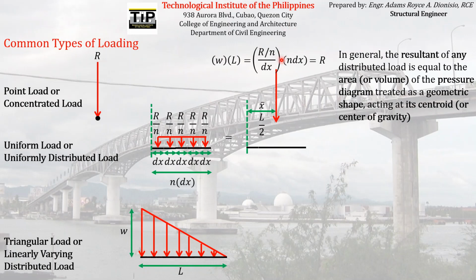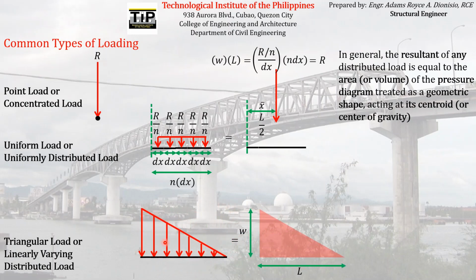Pwede mong gawin yun. Or pwede mong gawin yung technique na nabuo natin. So, instead of i-treat natin to as pressure diagram composed of several forces, treat na lang natin siya as a geometric shape na may dimension na ganito. So, ihiwalay ko lang yan. Nakabuo na tayo ng geometric shape.